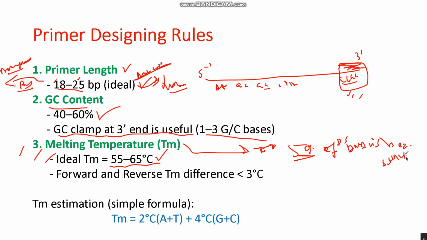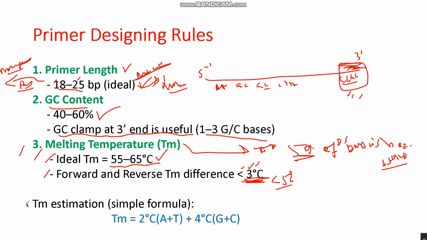Okay. So the difference between the forward and reverse primer must be less than 3 degrees centigrade. Some literature says less than 5 degrees centigrade, but ideally it must be less than 3 degrees centigrade.